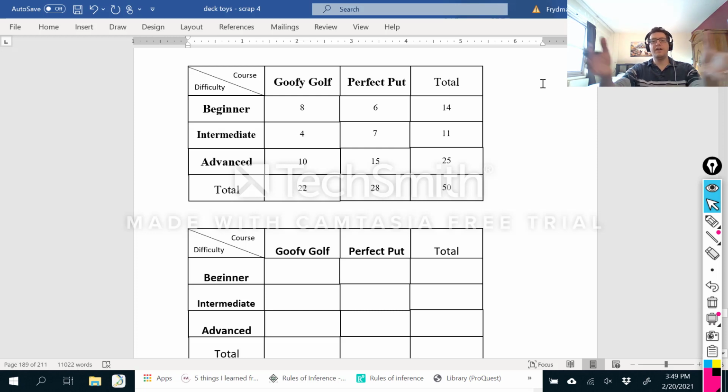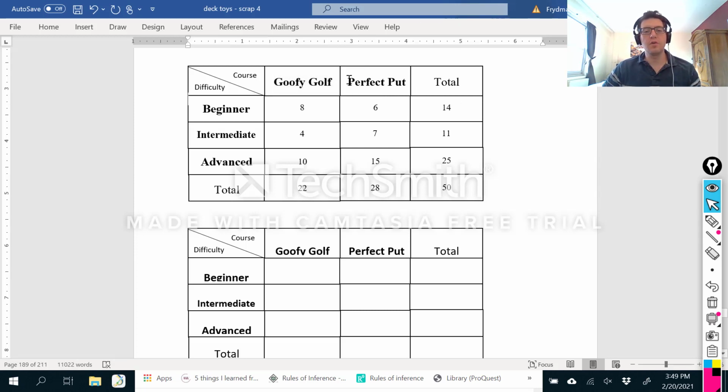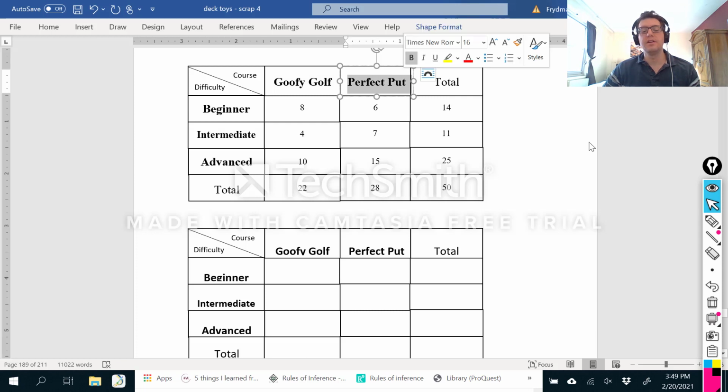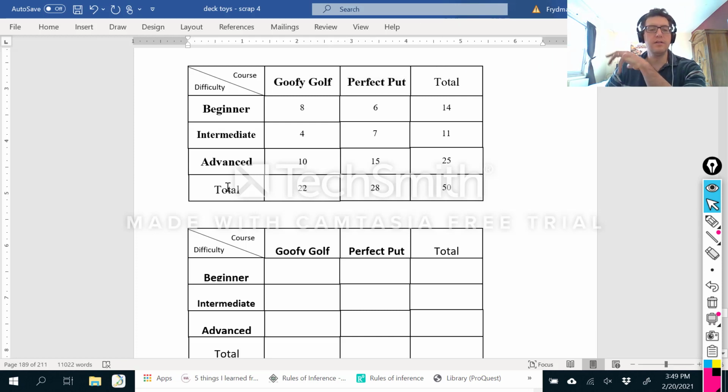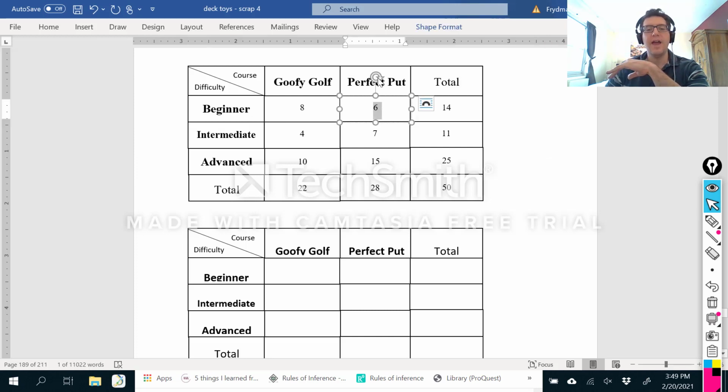So I don't know if you're a fan of miniature golf. I like miniature golf. Let's say that we have one miniature golf course which is called Goofy Golf, and we have another miniature golf course which is called Perfect Putt. And this table tells us, for example, there are 6 beginner holes at the Perfect Putt golf course.